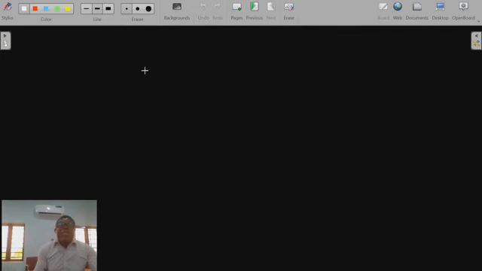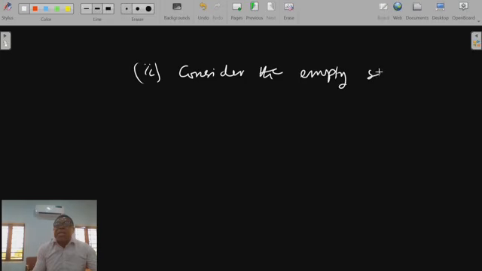Another special case is case II. Here we consider the empty set. It's obvious that the empty set is an interval.